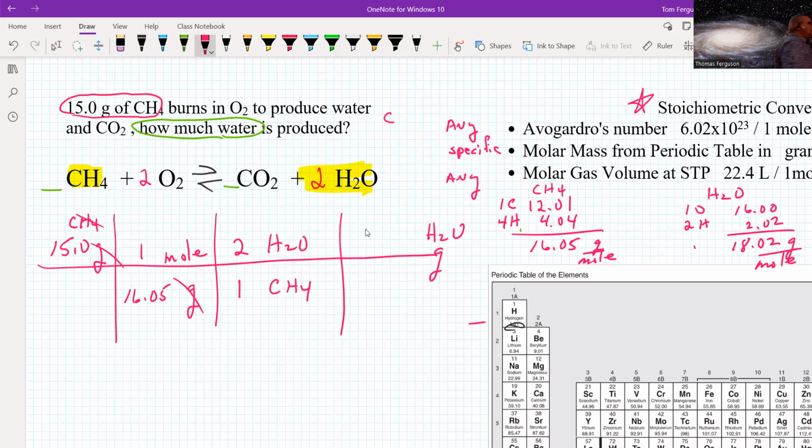Now, if you look online for a tutorial on stoichiometry, sometimes they'll say 2 moles water to 1 mole methane. Now, it's optional for you to include that, if it makes more sense to put it down.